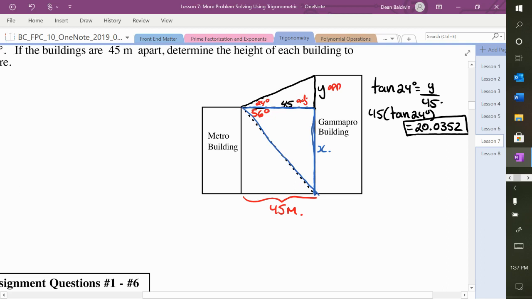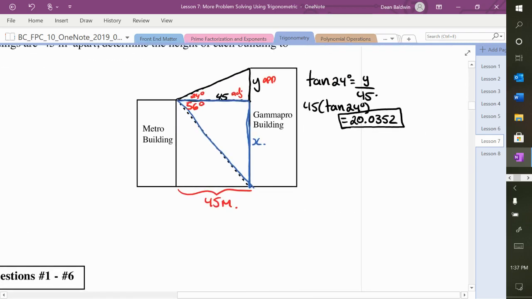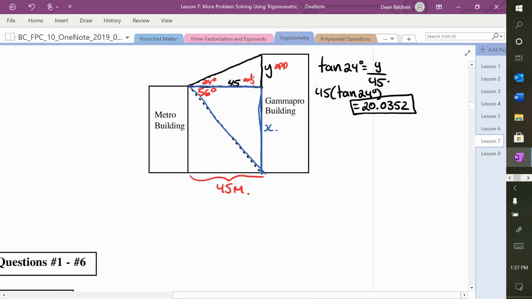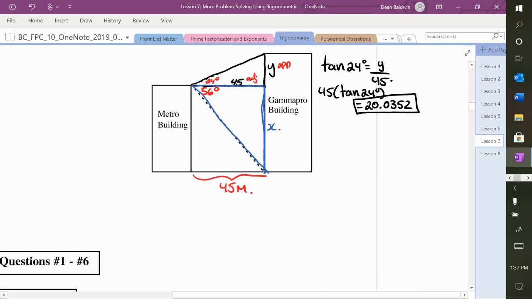That's unknown, but I know this angle. So what trig function am I using? Again, tan, right? Because this is opposite, and that's adjacent again from the 56. So in this case, we go tan 56 is equal to x over 45.